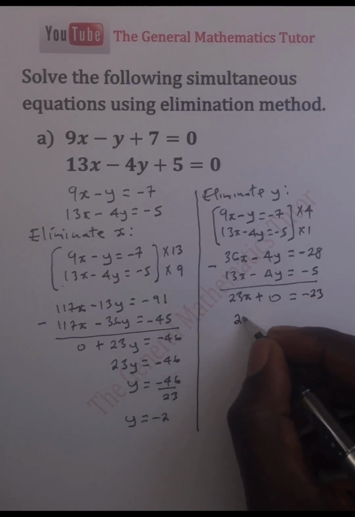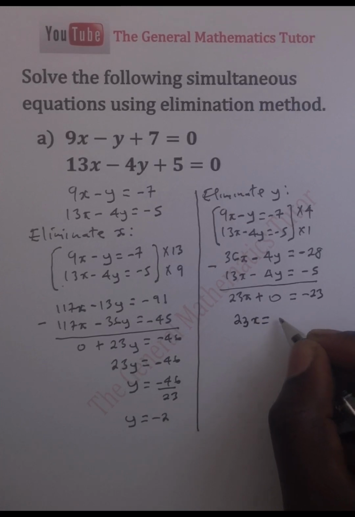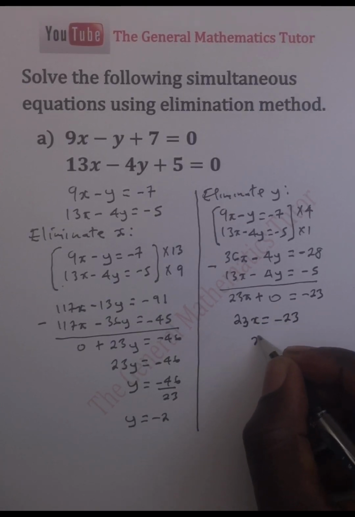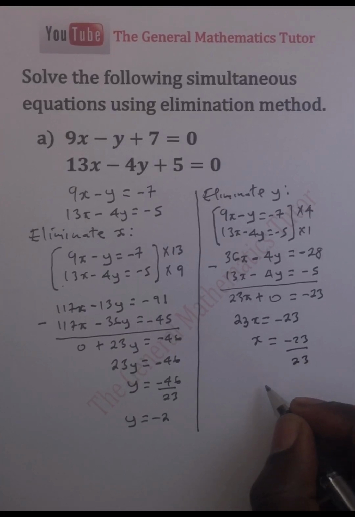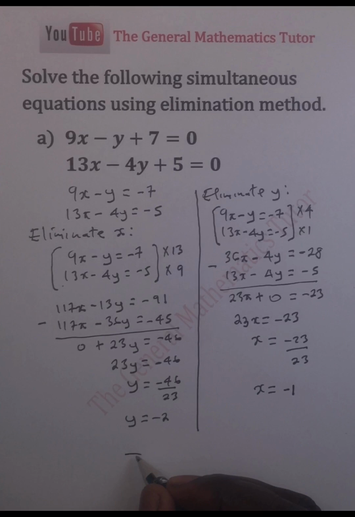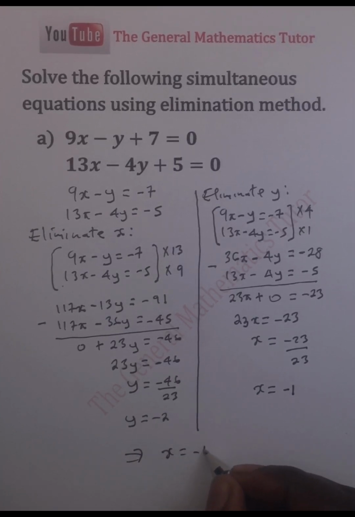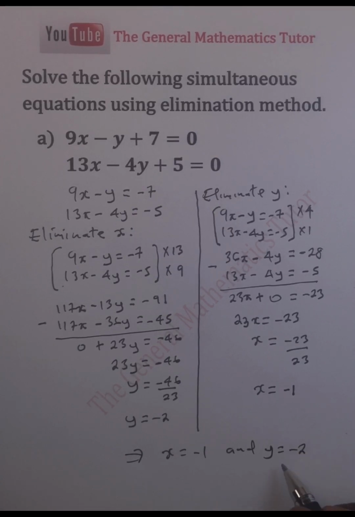So it means we have 23x is equal to -23. So that x is the same as -23 over 23. So that x is the same as -1. So therefore we have that x is equal to -1 and y is equal to -2.